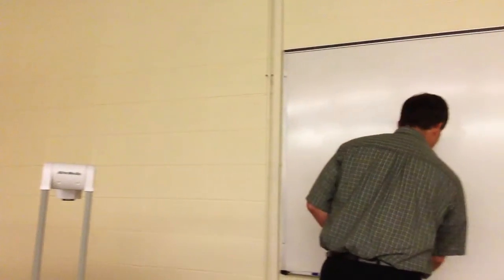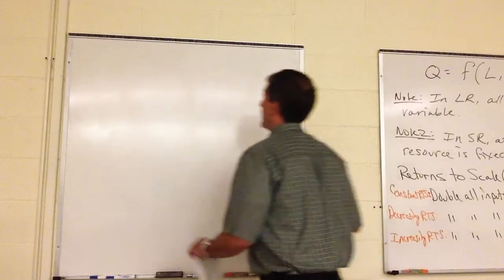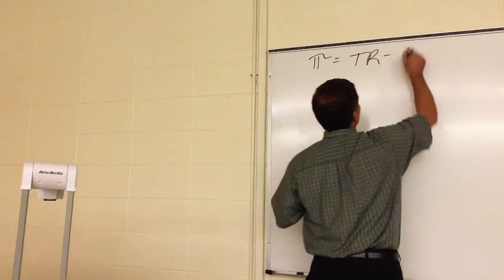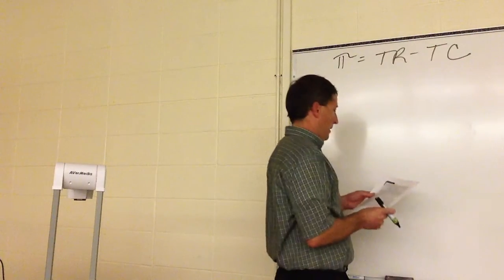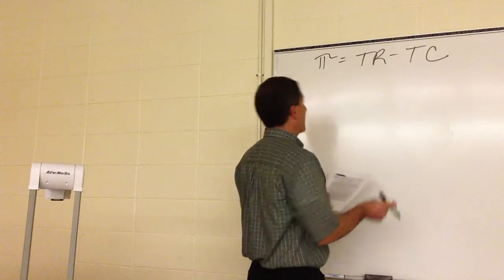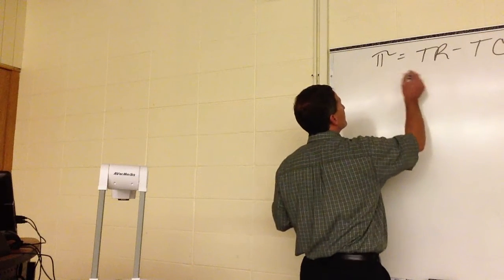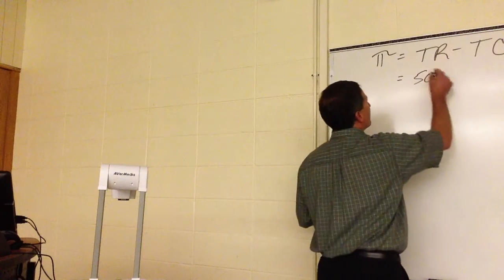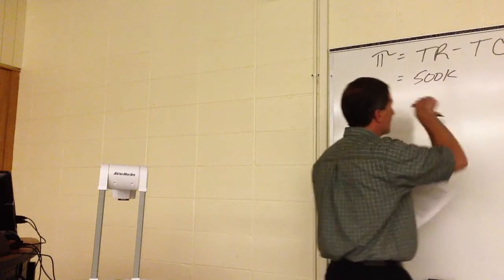And so now we've got a bunch of different costs here that we're trying to determine where they all belong. But it all starts here with profit equals total revenue minus total cost. And we've got the revenues of how much? 500. And then we've got these costs.